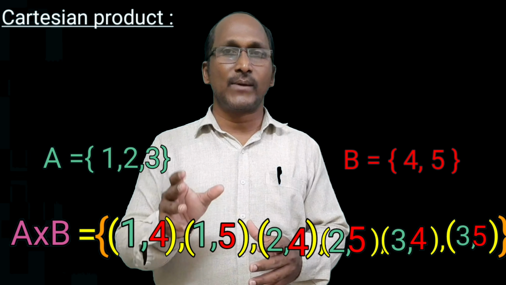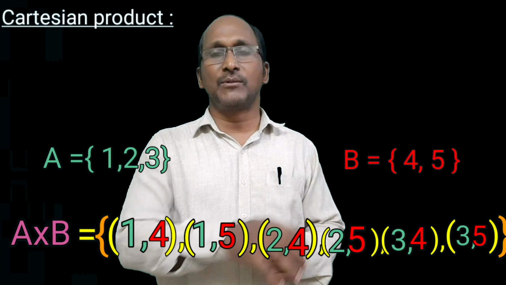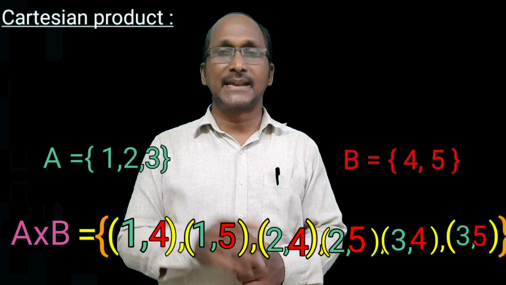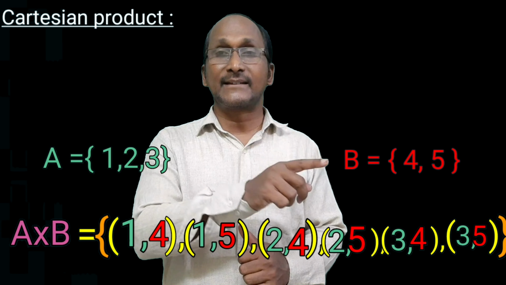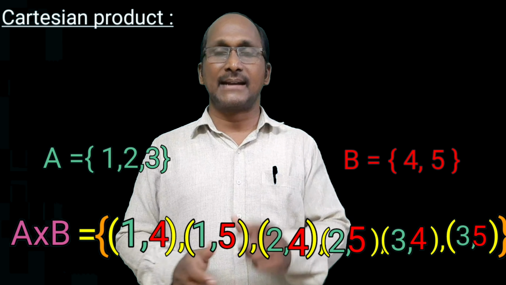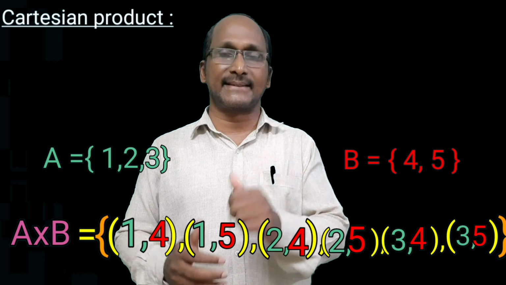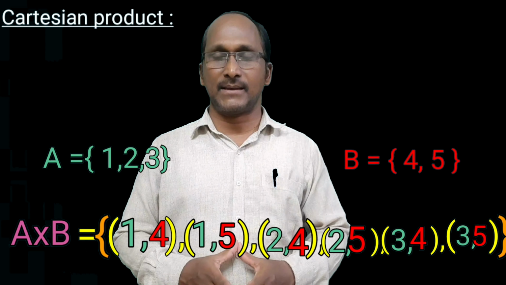It means here we have taken all the possible ordered pairs, taking the first coordinates from the first set A and the second coordinates from the second set B. This is A cross B.